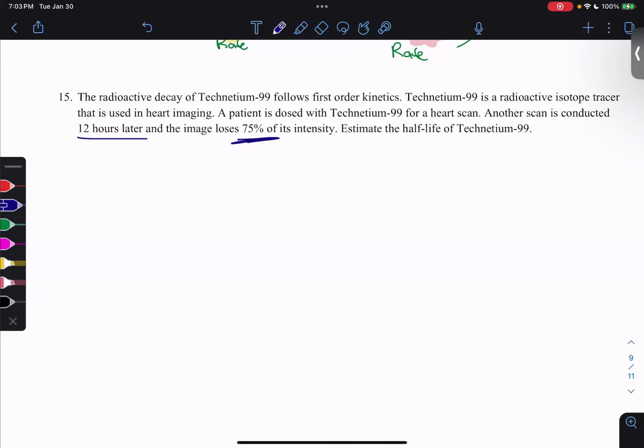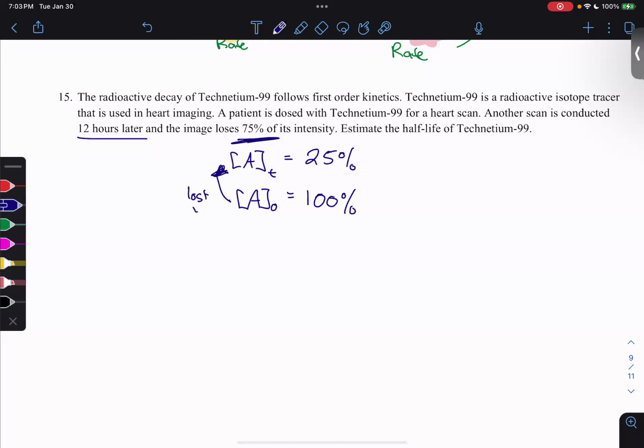Probably 75%. So that means the concentration after some time, if I lose 75%, is what? Is it 75%? No, it's actually 25%. Because how much did I start with? 100%, yes. And so this idea, I lost 75% of my sample, right?